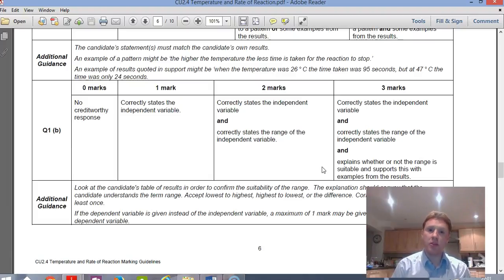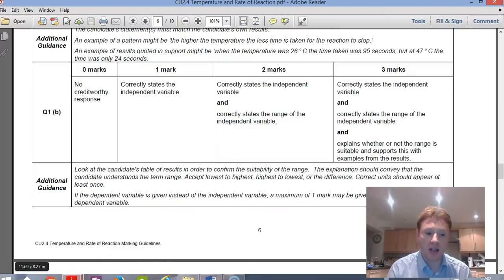If, for example, you did 10.5 degrees Celsius and then 10.6 degrees Celsius, there probably wouldn't be a difference in the time it takes for the reaction because the temperature change is so small. That would be a bad range. A more suitable range would be something like 20 to 70, because rate doubles at approximately every 10 degrees Celsius. So you should be able to see a good pattern there.